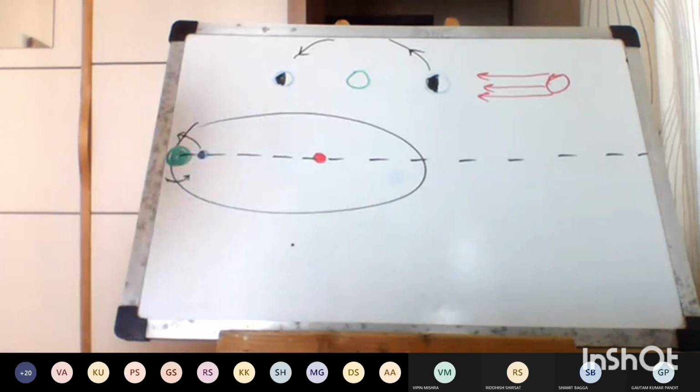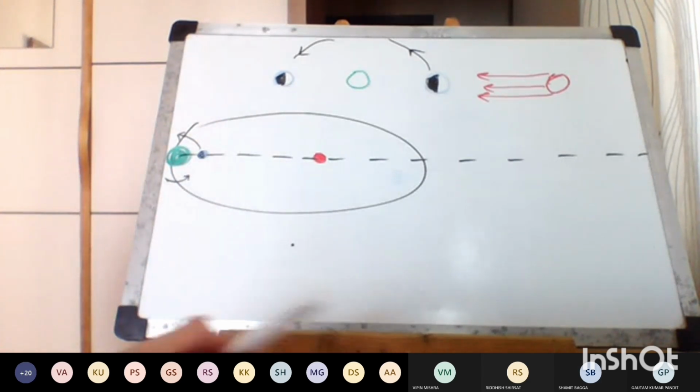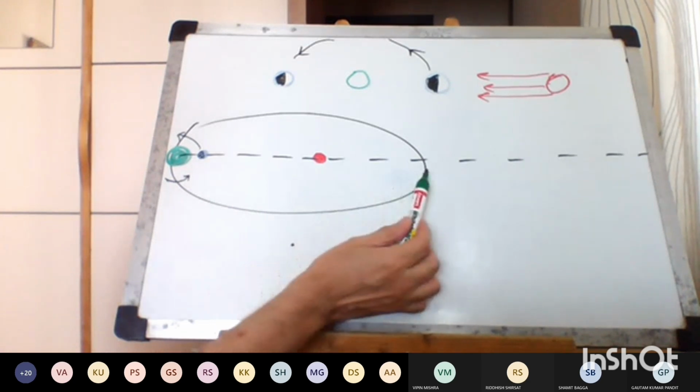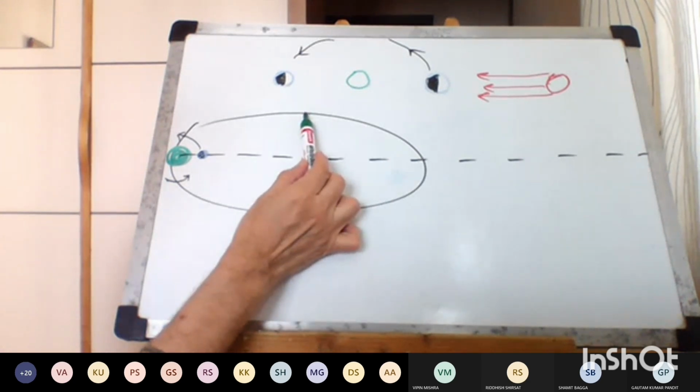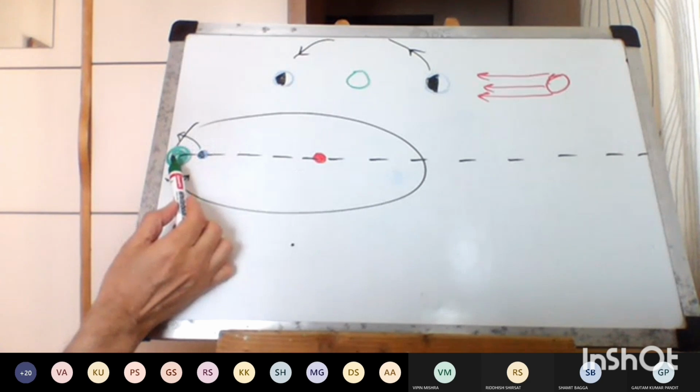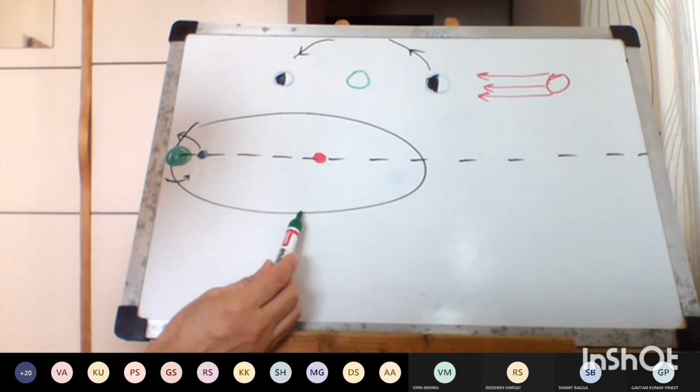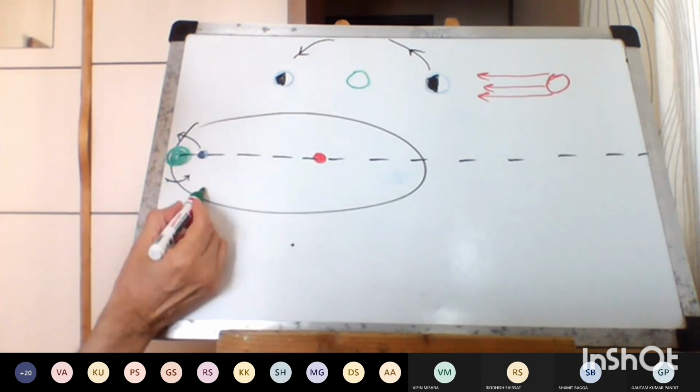The earth is revolving around the sun in how many months? 12 months. Right? 4 months she will be here, 3 months she will be here, 6 months she will be here, 9 months she will be here, 12 months she will be here. So if the moon has taken 1 month to go around the earth once, the earth is not stationary where it is, the earth has moved here.